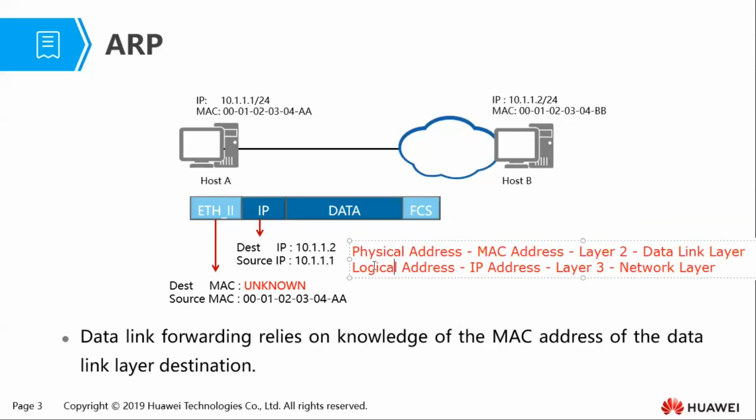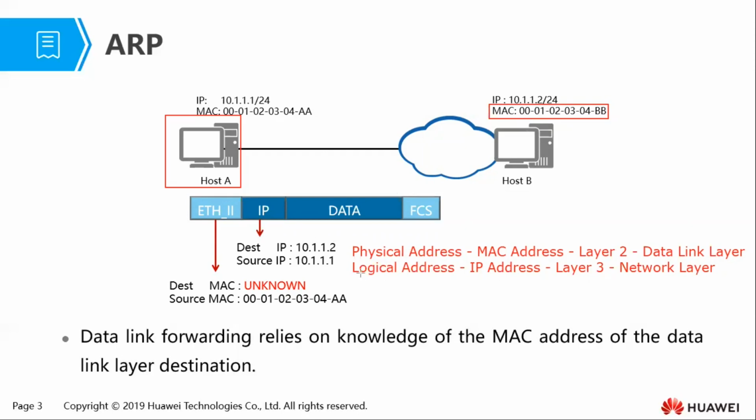Now, the reason as to why you need the logical address in order to be able to forward data is because, in order for host A to send to host B over the physical medium, it needs the MAC address of host B. So how will host A know about the MAC address of host B?